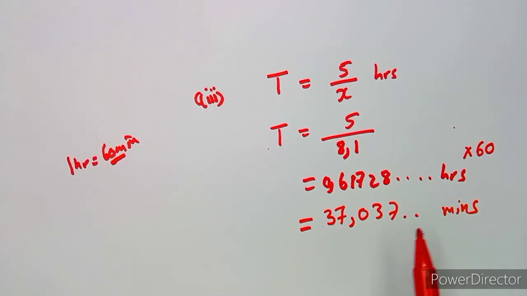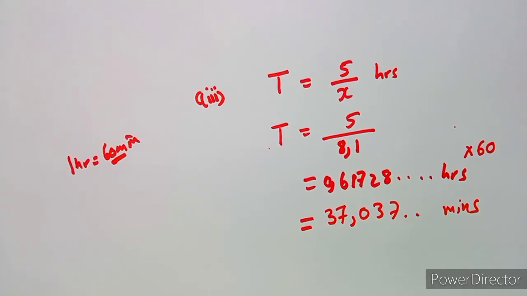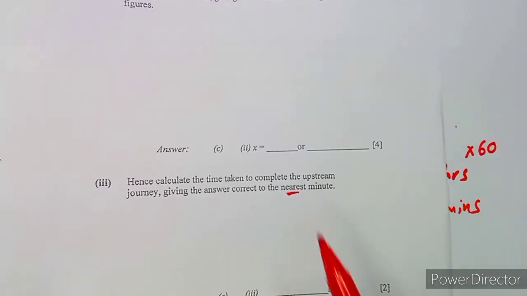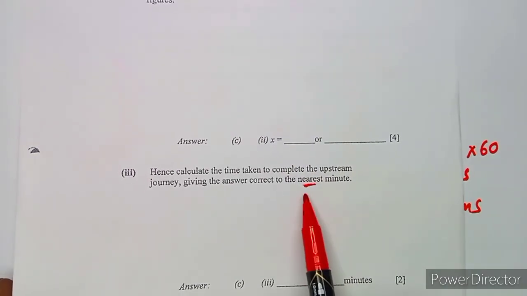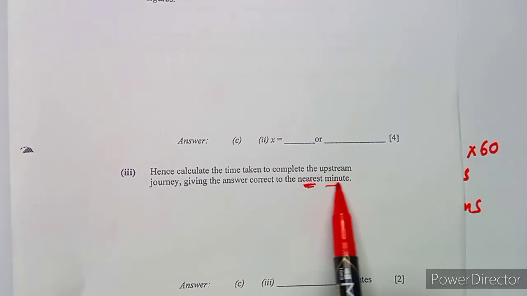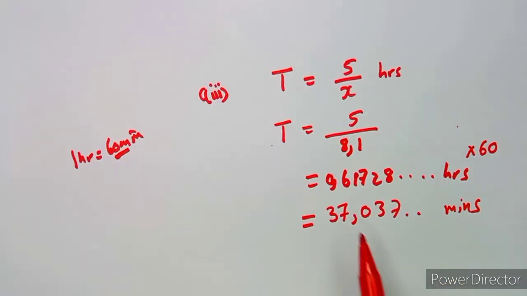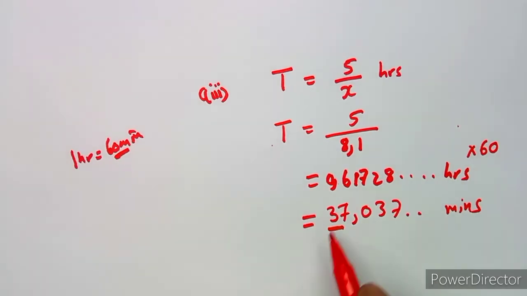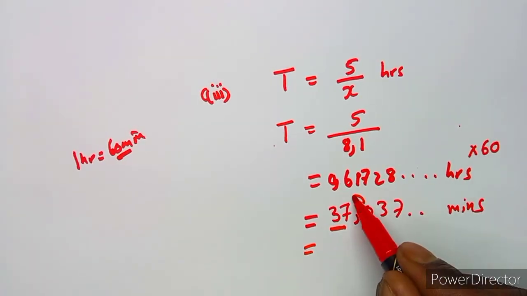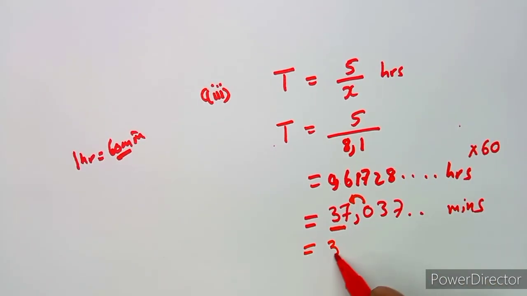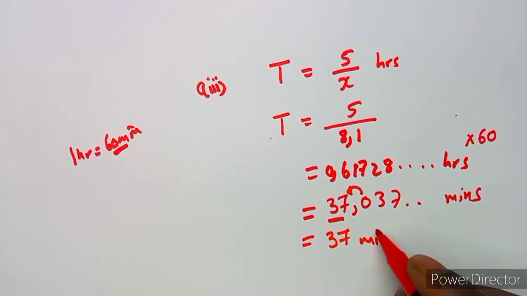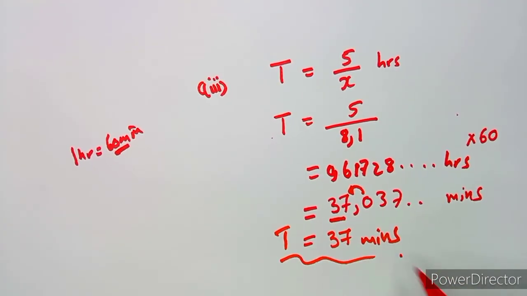So that is where you can now round off to the nearest minute, because remember, the question is to the nearest minute, so your answer is supposed to be in a minute, but to the nearest minute means to the nearest whole number in terms of minutes. So this is our whole number, which is 37. So if you can cross check, the next digit cannot change this number, so it will remain as 37 what? As 37 minutes. So this was the time that was taken to go upstream.